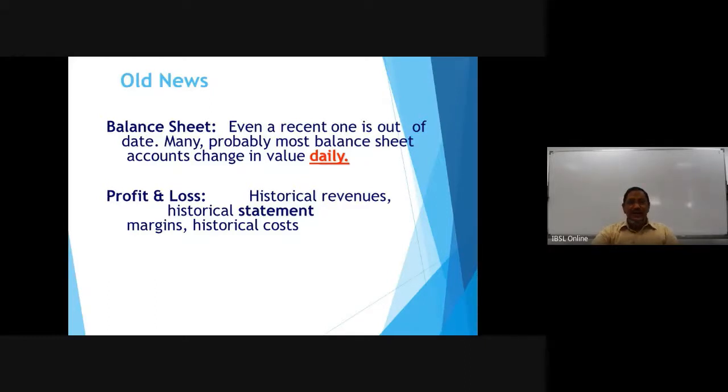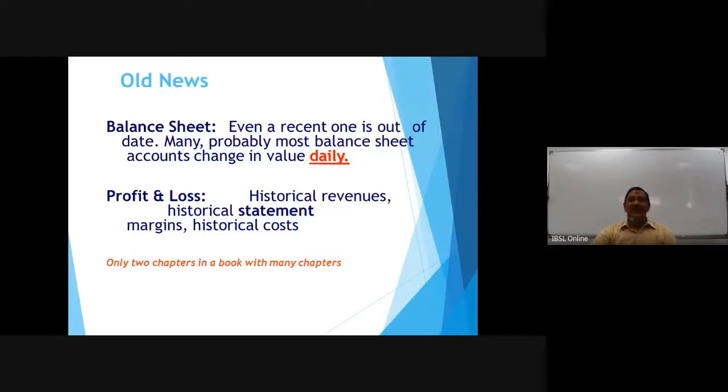What is the guarantee? Can I assure the same figures will appear this year also? Because of inflation, cost may increase. Due to other factors and changes, cost may increase. Therefore, it is historical. It will give some guideline for us to prepare for the future.